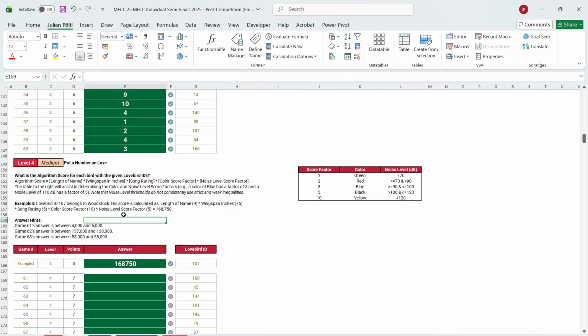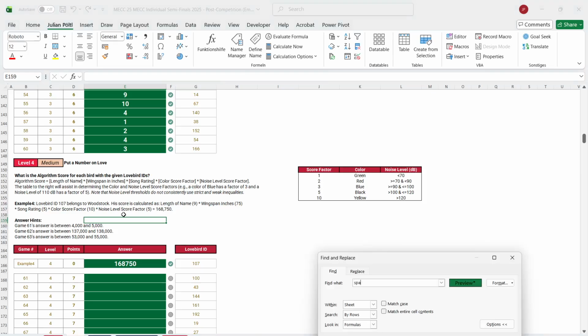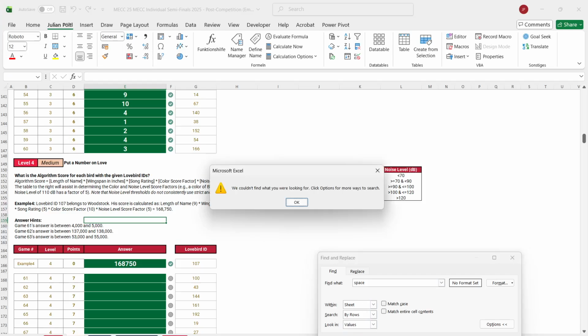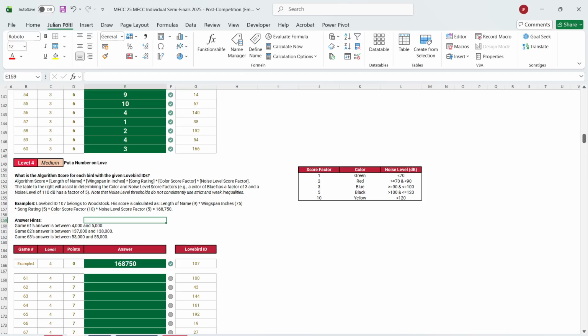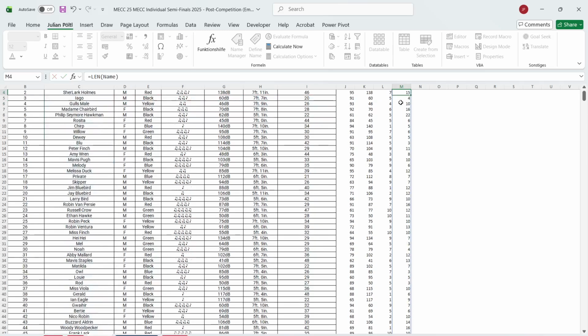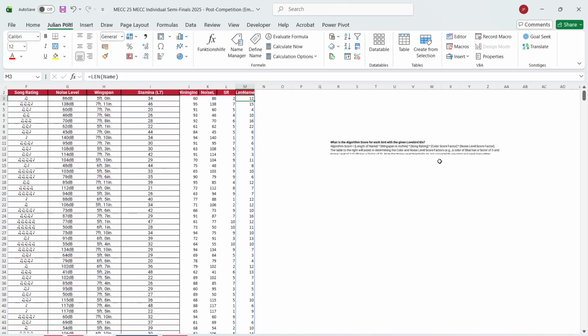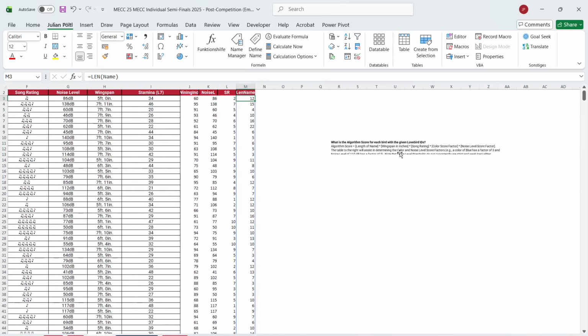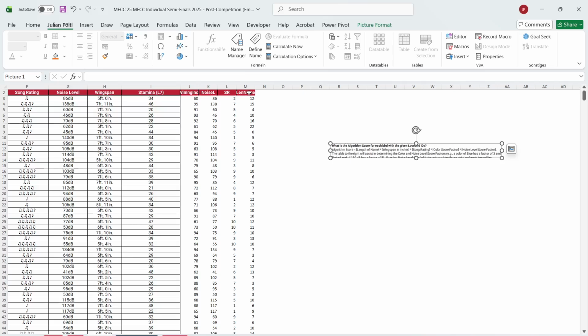Okay. Delete this here, clear find format. Okay. That's an issue. Well, let's assume it's with spaces. Okay.